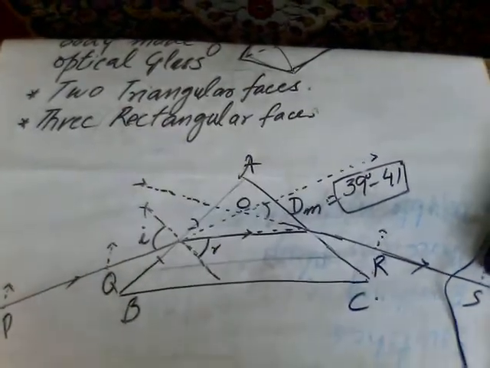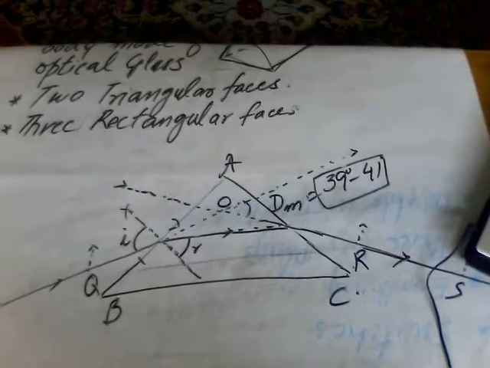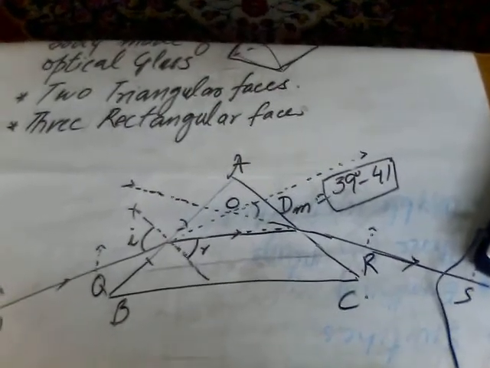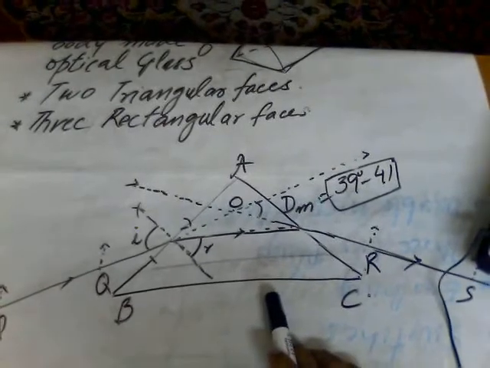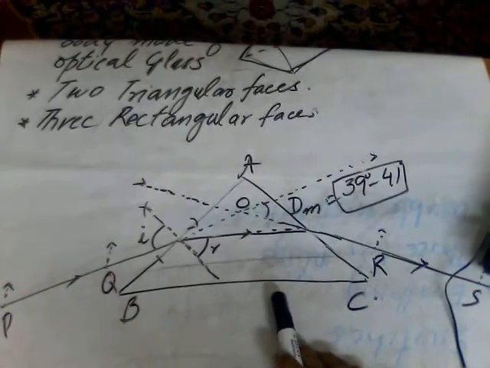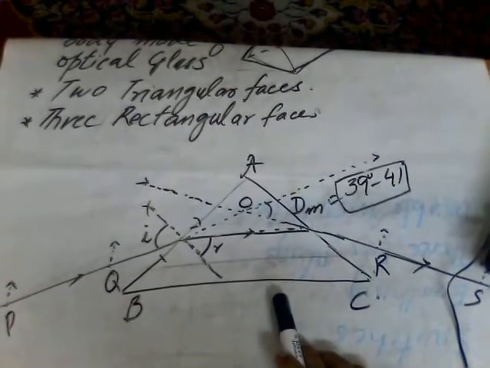First of all, we place one triangular face of the prism on drawing paper on a drawing board.